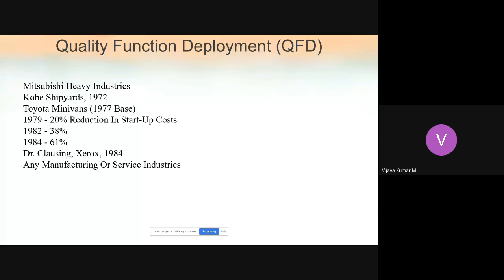A small introduction: this QFD was developed way back in 1966.